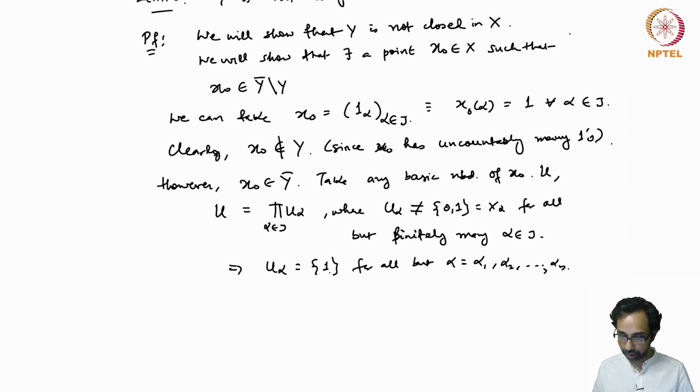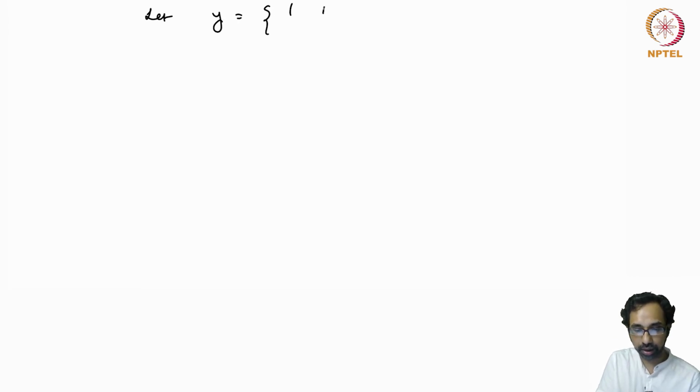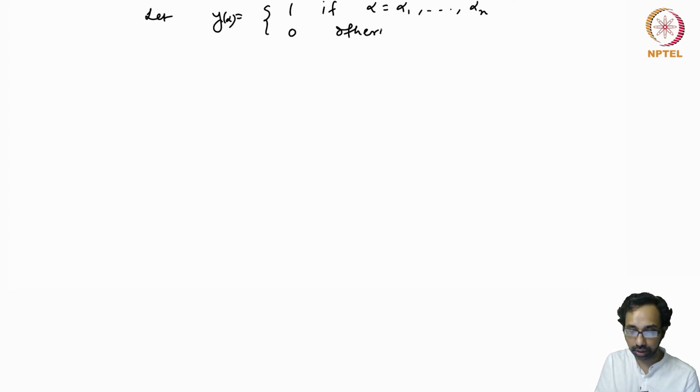So for finitely many of these it is {1}, and for the rest it is of the form {0,1}. And now we can find a point in the intersection of U and Y. So let y be defined as follows: y_alpha is 1 if alpha is one of these finitely many indices that we have chosen, and 0 otherwise.